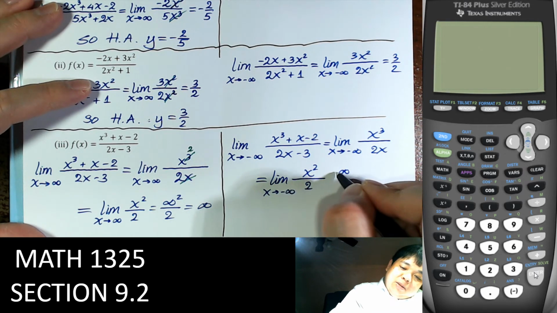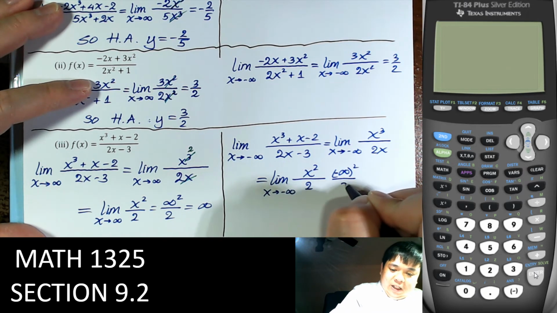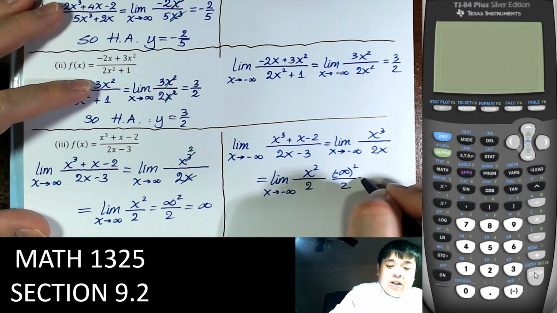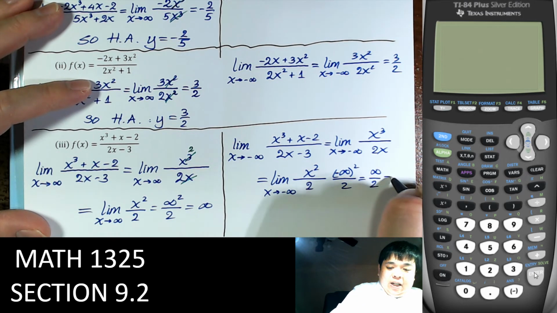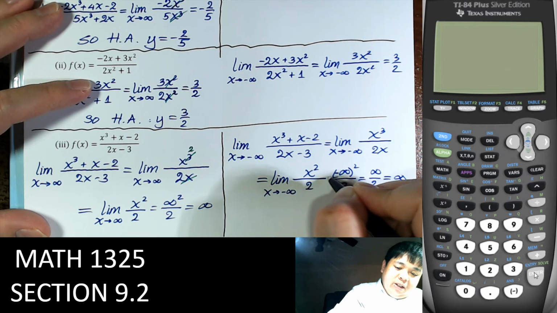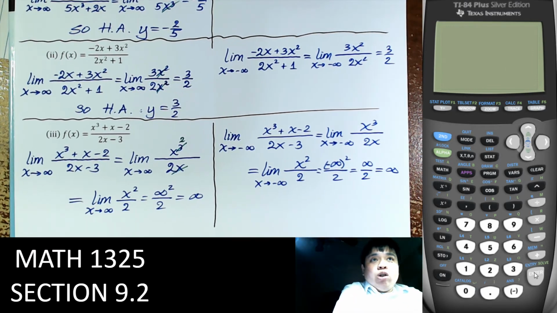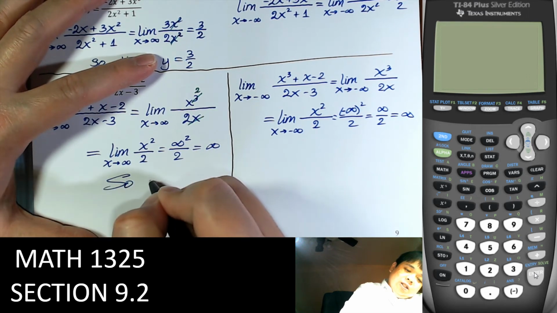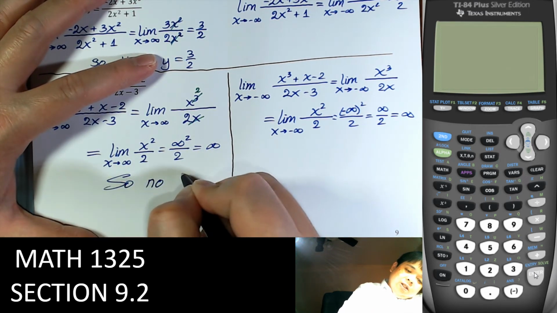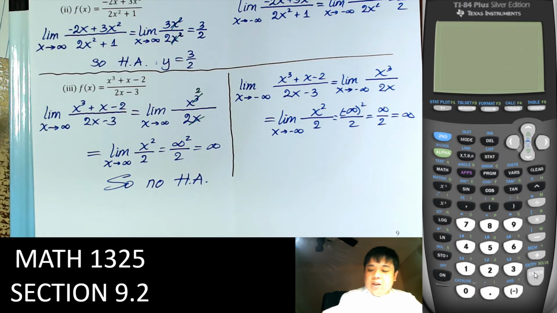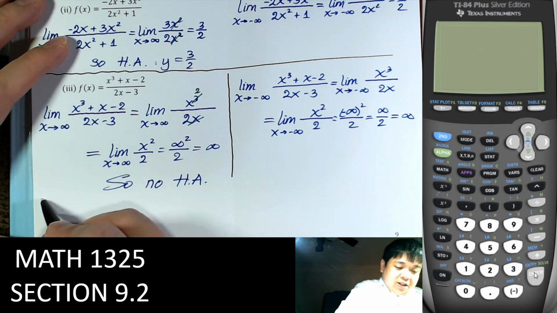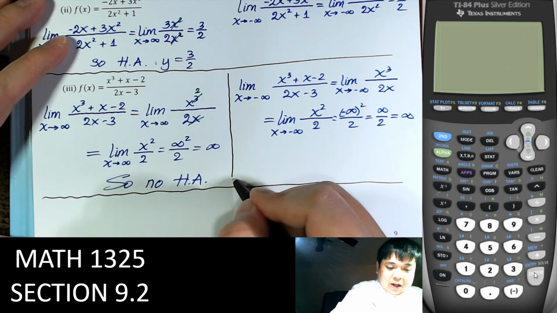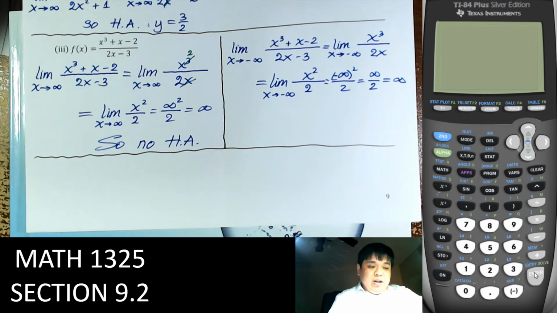Again, this time it is negative infinity though. Negative squared is going to be positive. Divided by 2 is still positive infinity. Because infinity is not really a number, in this case we say no horizontal asymptote, because we don't have the constant. That is the limit of the function when x goes to infinity or negative infinity.